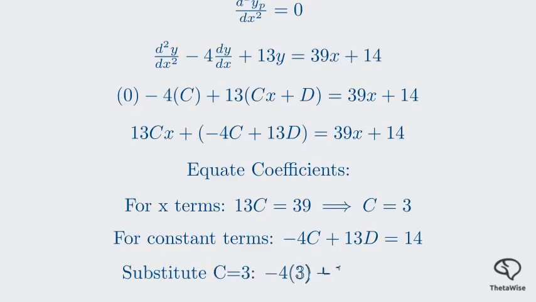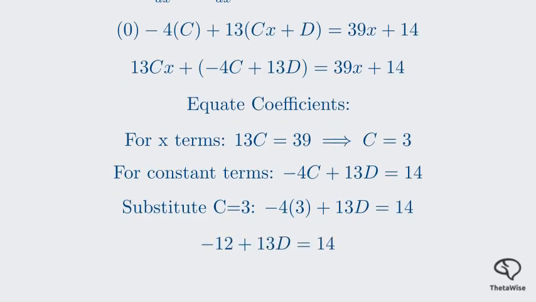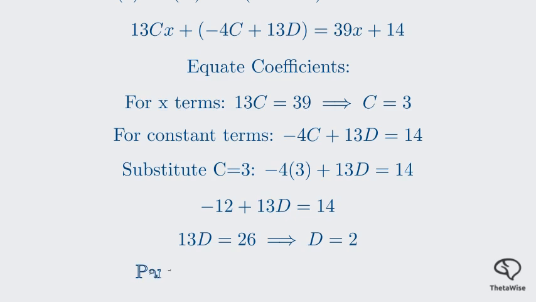We already know c is 3. Substituting this in gives negative 4 times 3 plus 13d equals 14. This is negative 12 plus 13d equals 14. Adding 12 to both sides gives 13d equals 26, so d equals 2. We have found our coefficients. Therefore, the particular solution is y_p equals 3x plus 2.